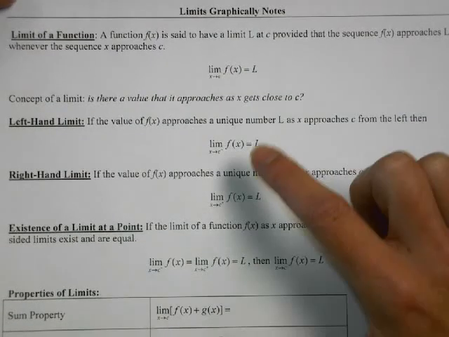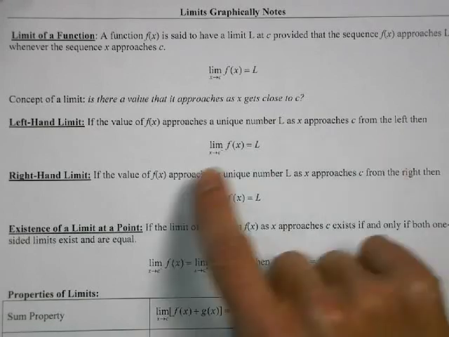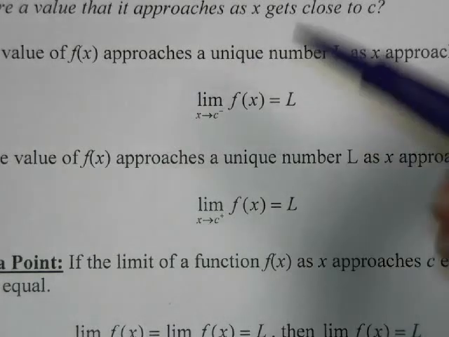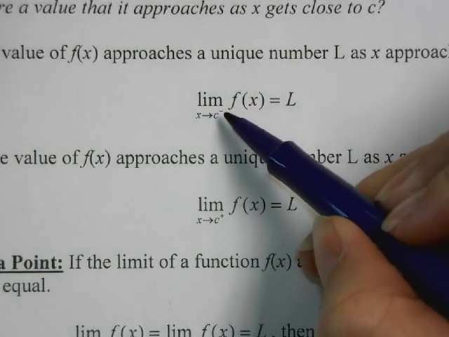I'm going to zoom in to these two, and I'm going to talk about this information. To investigate a limit both graphically and numerically, what we're going to do is do a left-hand limit and a right-hand limit. So the left-hand limit is as x approaches c, and then there's a little negative there.